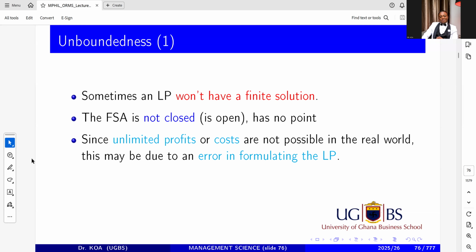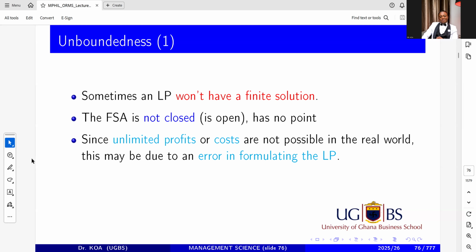Now remember, we have multiple solutions. Do you remember? 2, 3, 4, 5. And then at the extreme lower level, we have infeasibility, no solution. Then at the opposite section of no solution is many solutions, or better still, infinite solution. The normal linear programming has a finite solution, one solution.